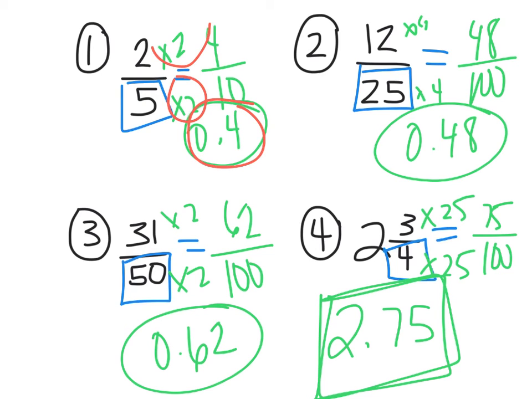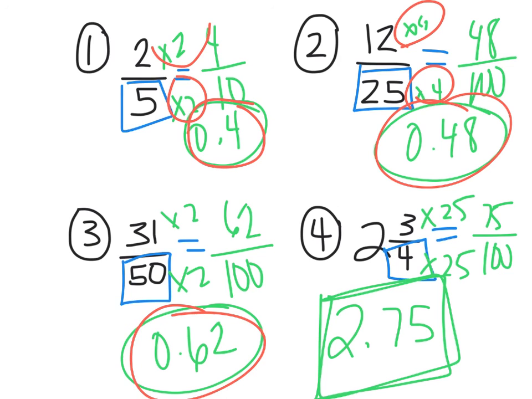Number 2, I multiplied by 4 to get to 100, ended up getting 0.48 or 48 hundredths. Number 3, I ended up getting 0.62 or 62 hundredths because I multiplied by 2. And then finally, number 4, I multiplied by 25, got 75 over 100. I already knew that I would have a 2 in the front, so it became 2.75 or 2 75 hundredths.